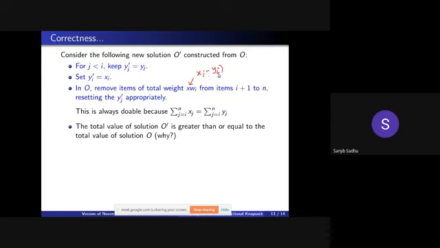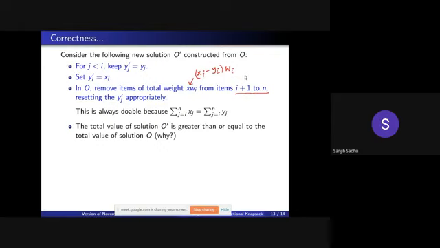Please remember from the last slide. And that is multiplied by wi. So you are removing items of this total weight from items i plus 1 to n.